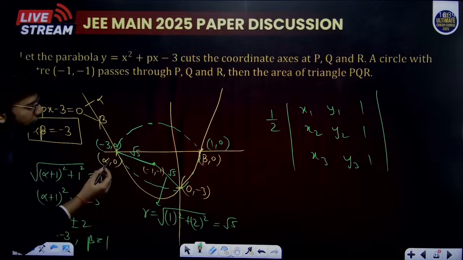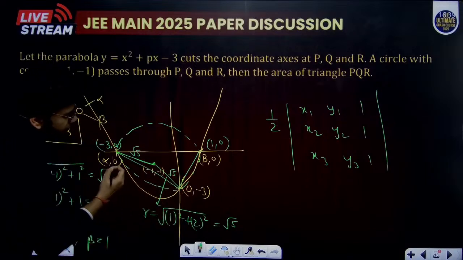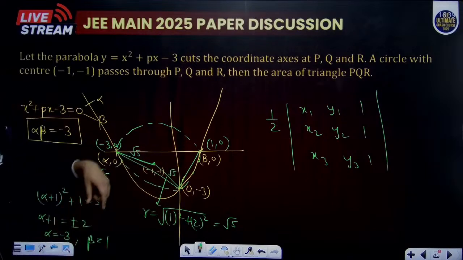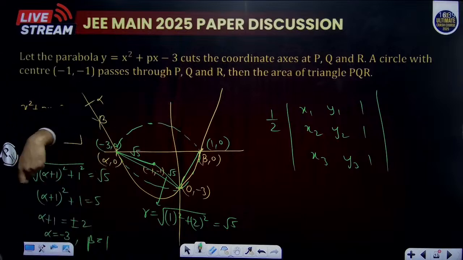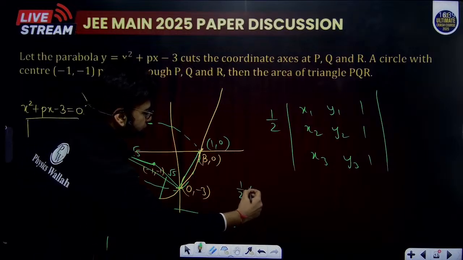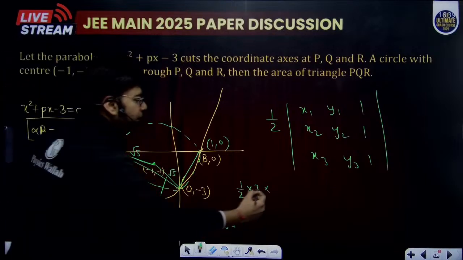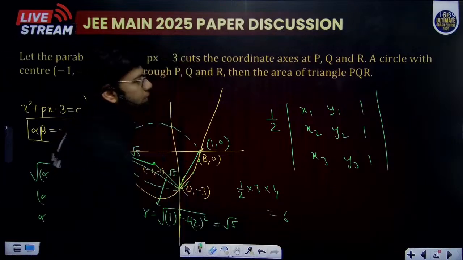Also, if you want, you can simply join this, form a triangle, and use half base into height. This height is already known, this height is 3, so half into 3 into, what is this distance? 4. So this will come out as 6.